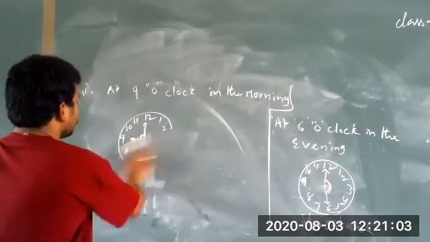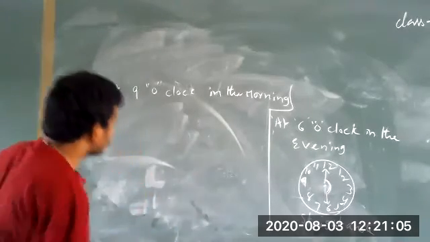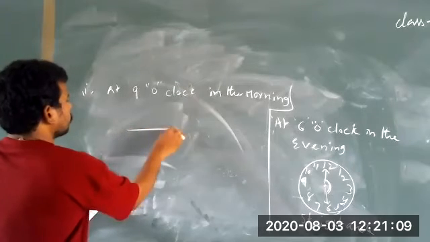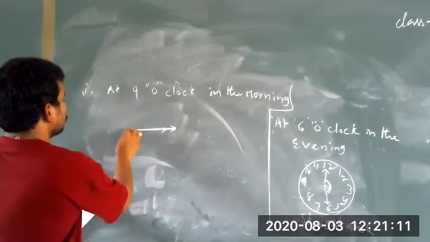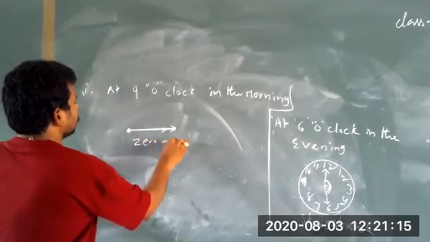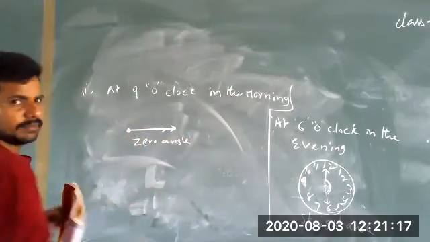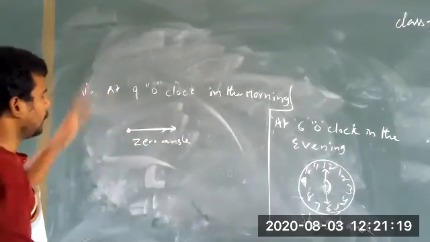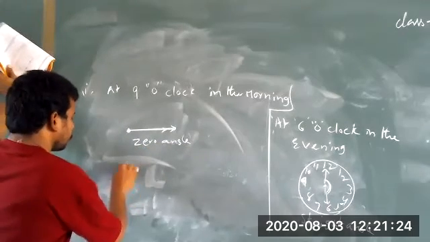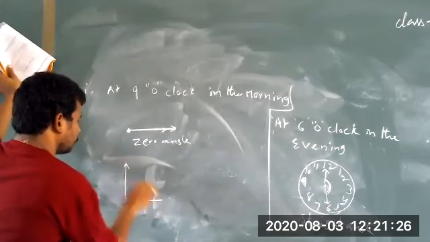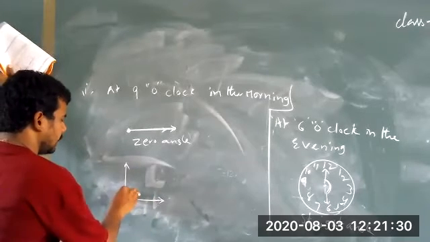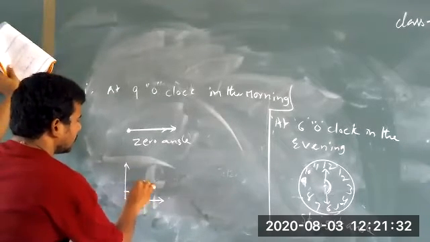Can I rub? This angle is a zero angle. So there is no angle from here. So it is called a zero angle. Here the angle formed is a right angle, so 90 degrees.